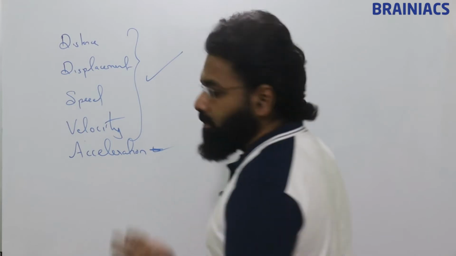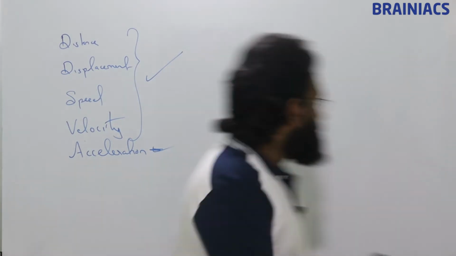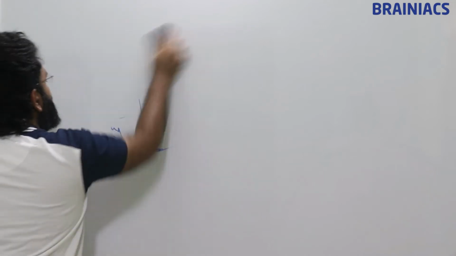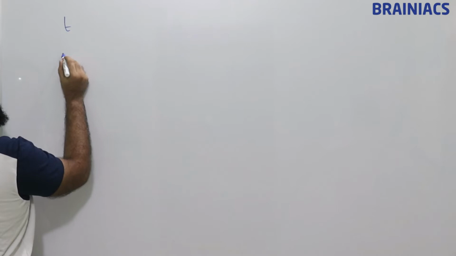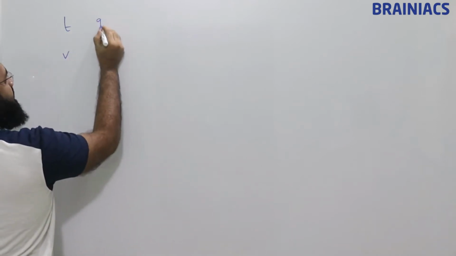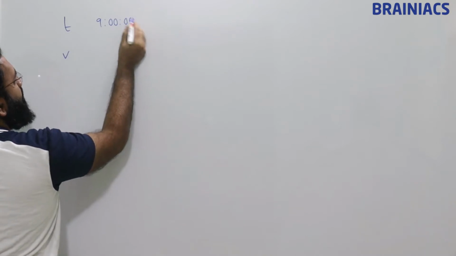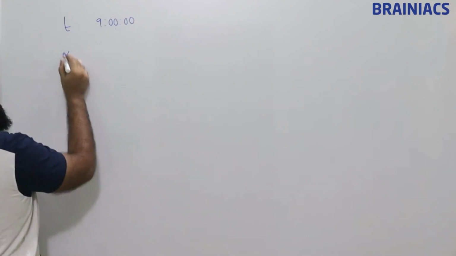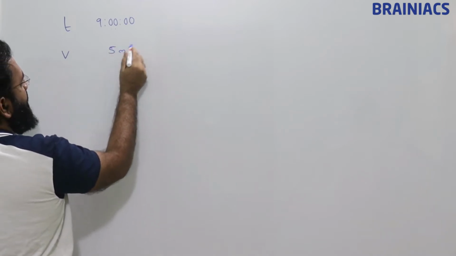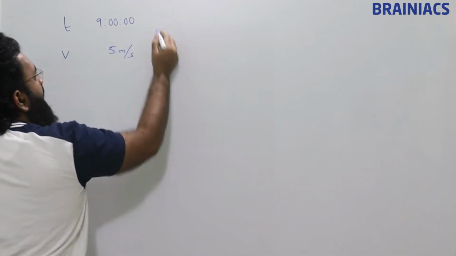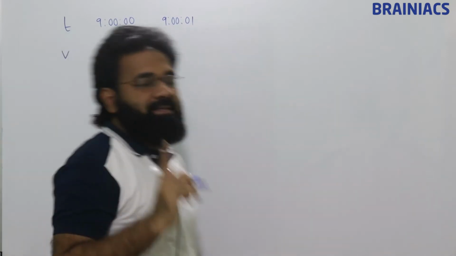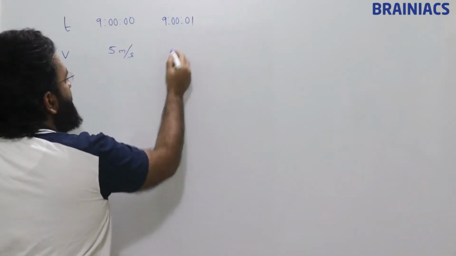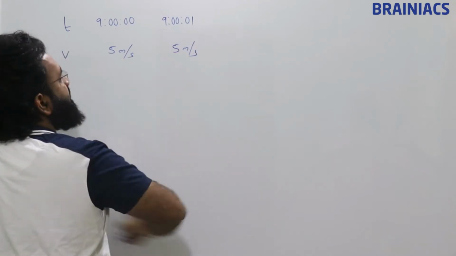Say for example we will take a scenario like this: at a time, this is time, this is velocity. Say at 9 o'clock, 0 minutes 0 seconds, suppose the velocity is 5 meter per second. And again at 9 o'clock 0 minutes 1 second, exactly after 1 second, the velocity is again 5 meter per second.